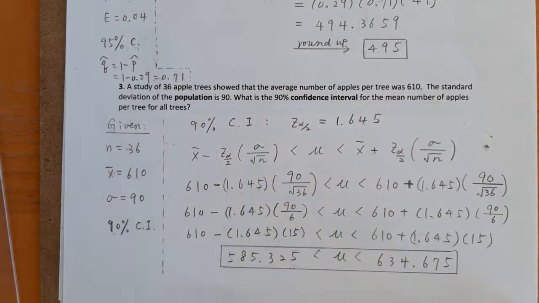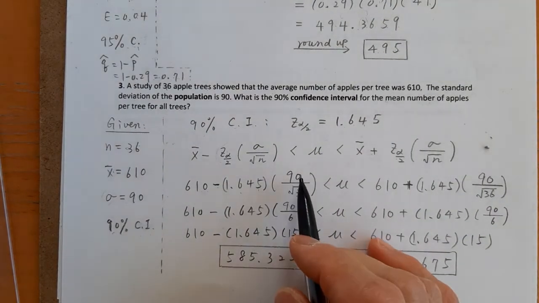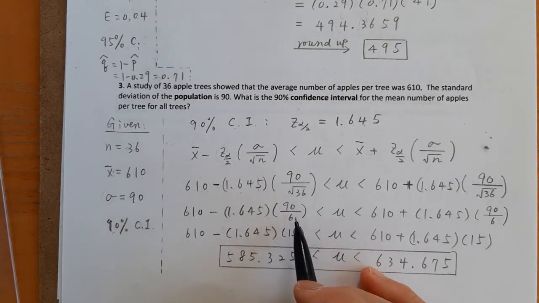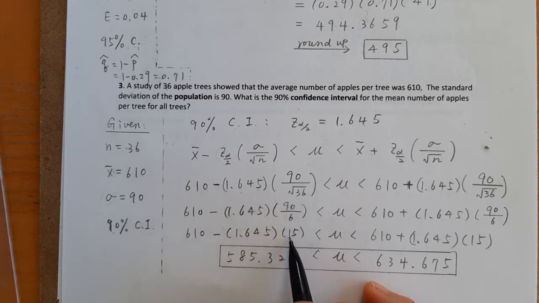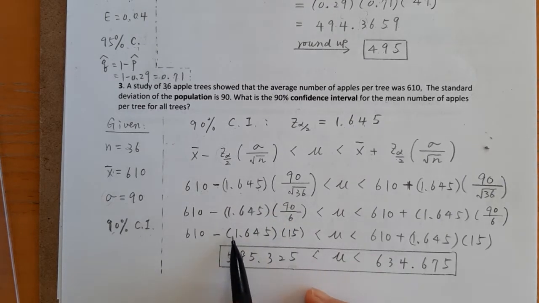That's the confidence interval. The square root of 36 is 6, and 90 divided by 6 is 15. Use a calculator to figure it out.